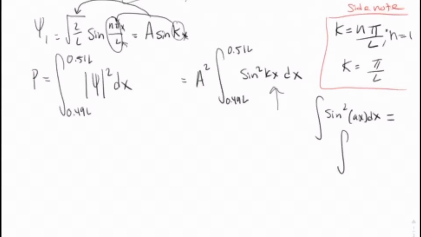Alright, so we could go ahead solving this equation. There's a trig function where the integral of sine squared ax, or in this case kx, we'll just write it as ax dx, is going to equal the integral of 1 minus cosine 2ax over 2 dx. So this is just the common trig identity.